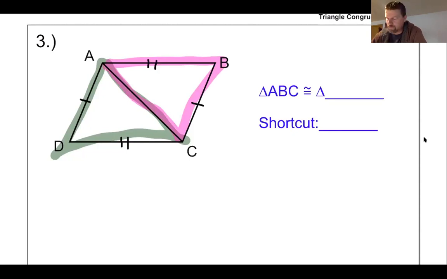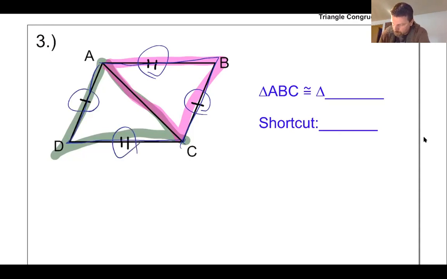If so, why? The answer? Yes, they're congruent. Triangle ABC, A to B to C, follows along the 2 and then the 1 tick mark, would be the same as CDA, the 2 and then the 1 tick mark. So triangle CDA. And the reason I know it is by side, side, side.